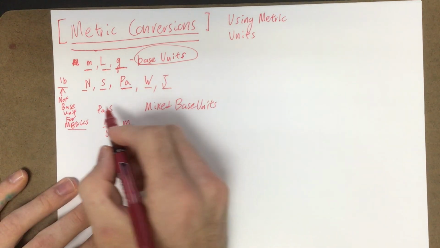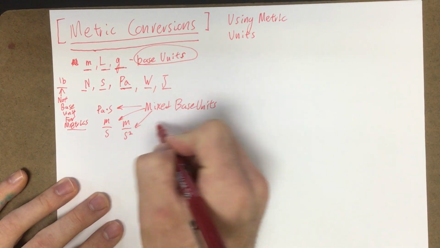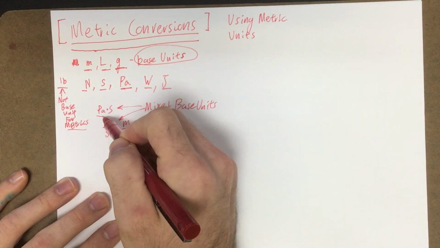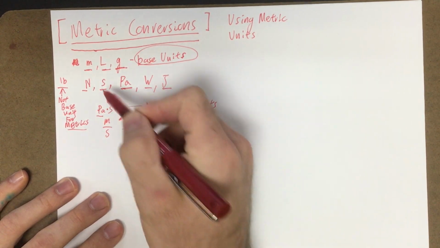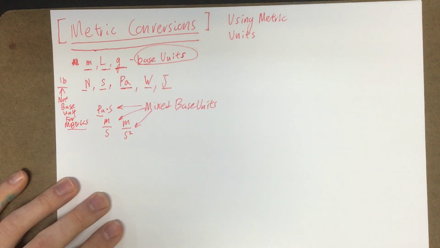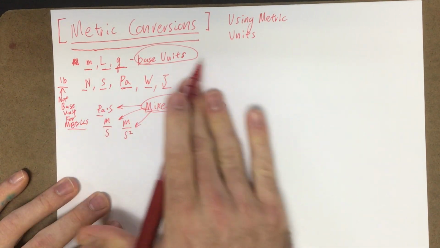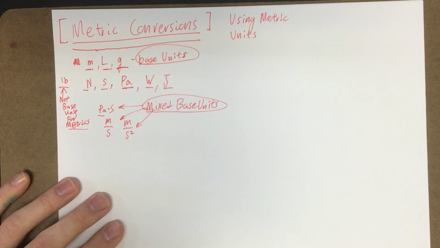Okay, and these mixed base units, these are using our base units. Okay, so you see how I've got a Pascal up here in my base units. I've got my meters up here, my seconds, and then this is just seconds squared. These are mixed base units. Okay, now we're not going to be really using our mixed base units in this class, but just know that that's a thing.